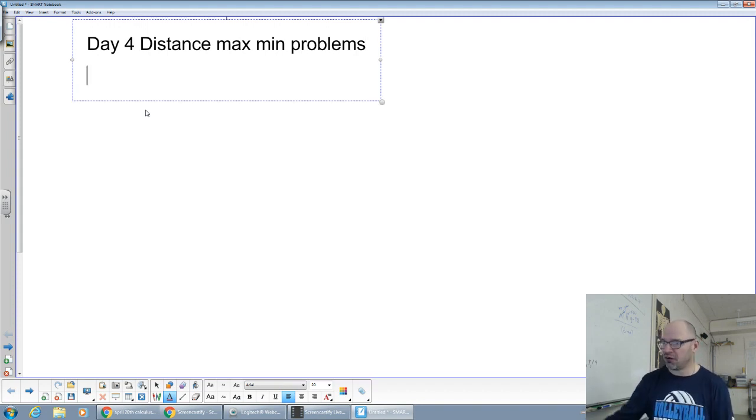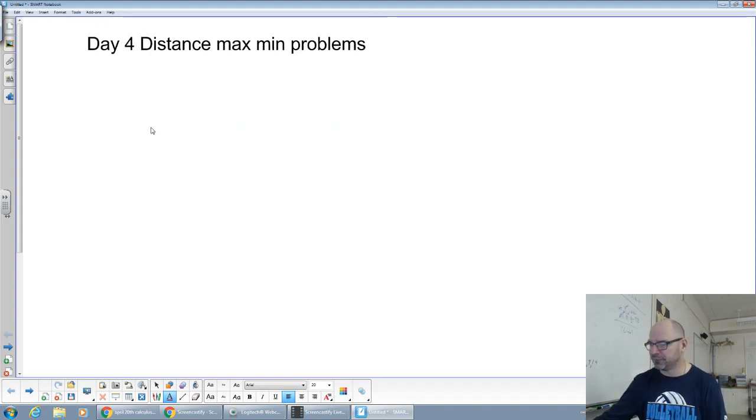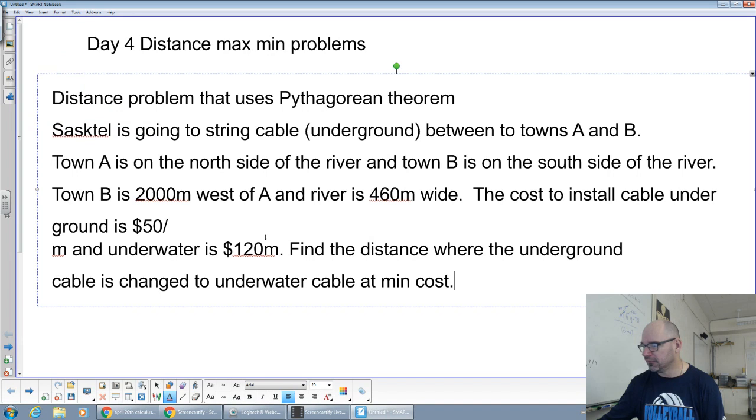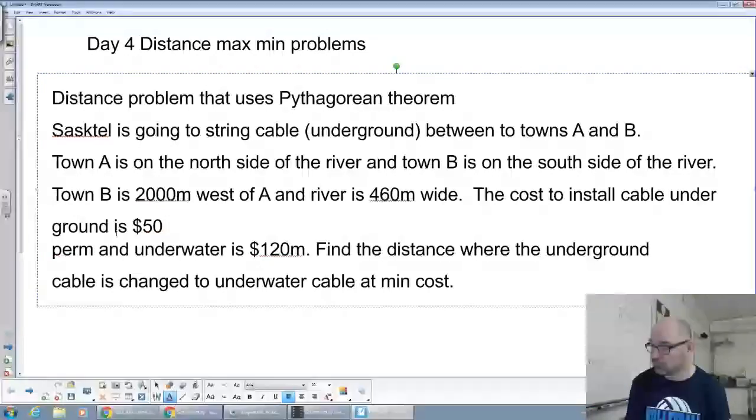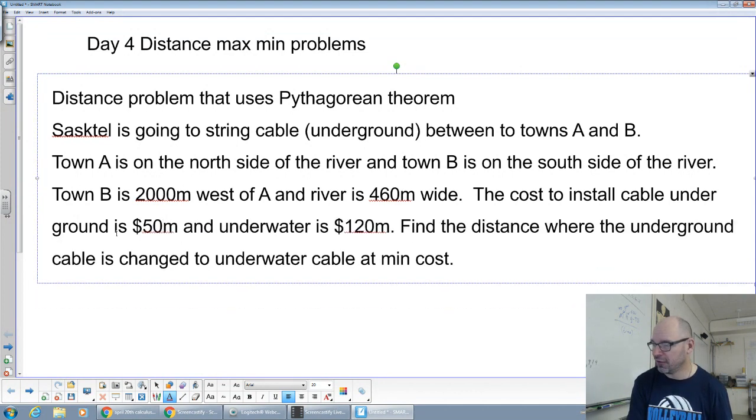I've got one here that I've saved up that I'll just paste in here. Oh, this one here is a little bit bright. Per meter, that is.